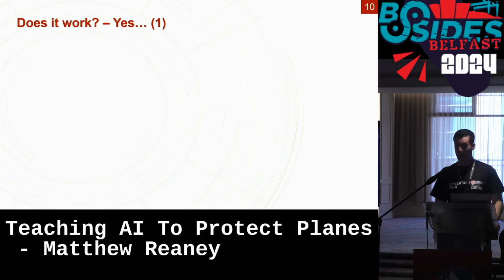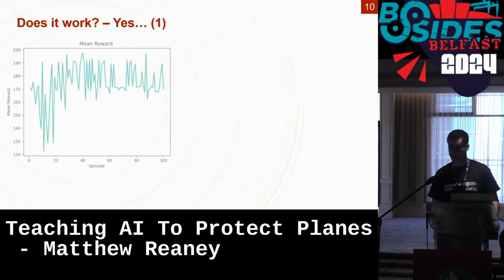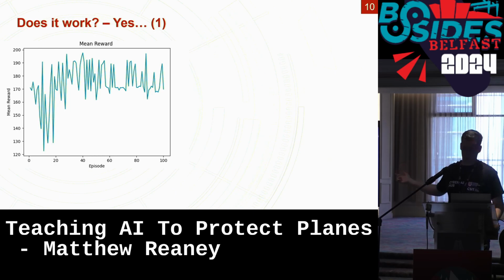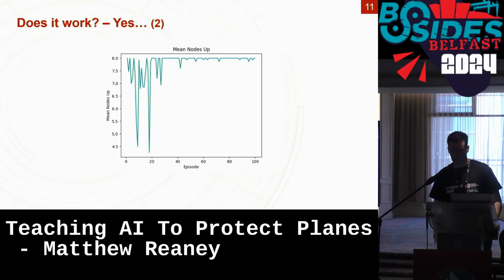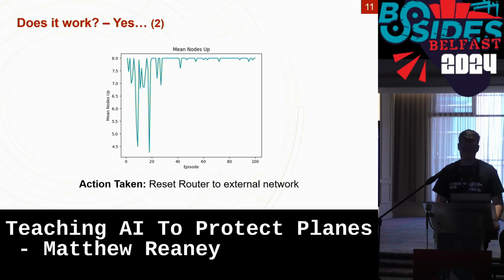So yeah, does it work? Yes, eventually. So these are the results from my first publication through my PhD, and we can see it gets a bit better with the reward. The attacks are down. Well, look, is it turning things off that it shouldn't be? No, they're all still okay. Well, what's it doing?